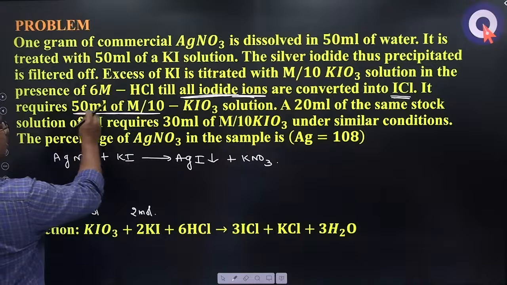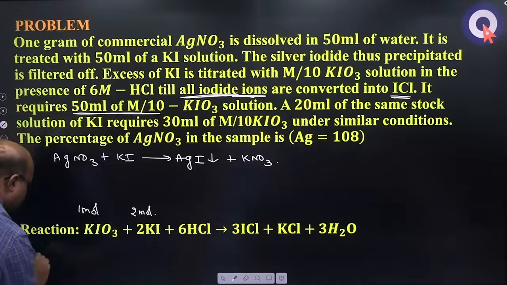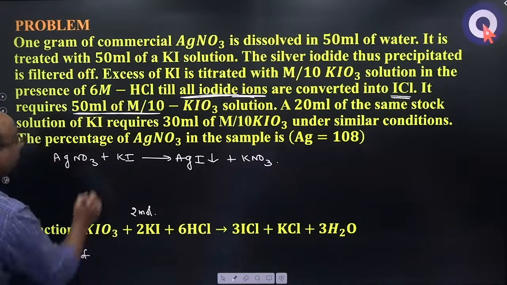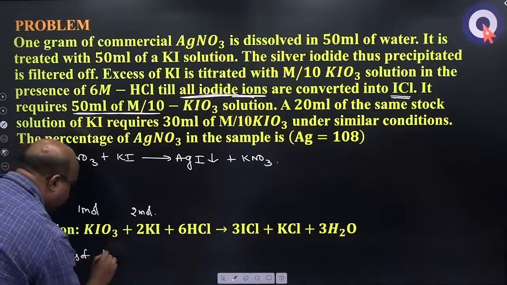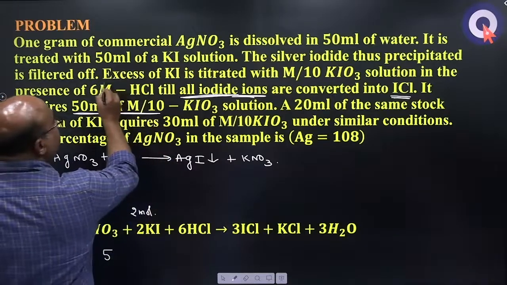Let us say 50 ml is there, M/10. So suppose millimoles of KIO3. What is the millimoles of KIO3? 50 into 0.1, that is nothing but 5. So how many millimoles of KI has to react? Even if we take excess.